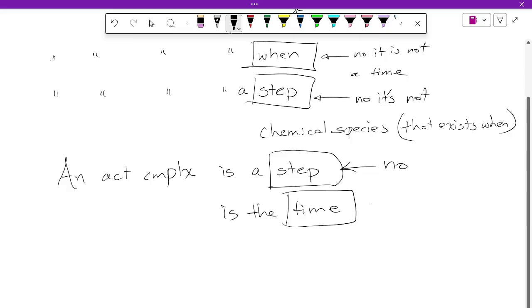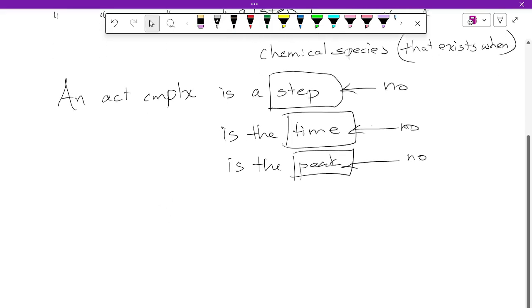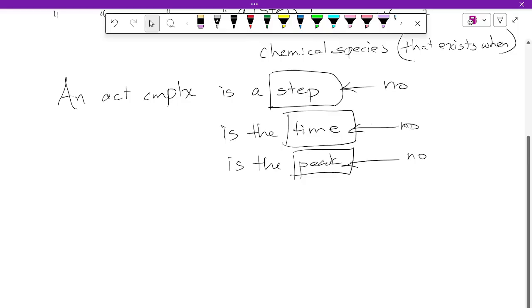No. Is it the peak? No. It's not the peak. It exists at the peak on the potential energy diagram, but it is not the peak. So watch out for language that says something that is untrue.